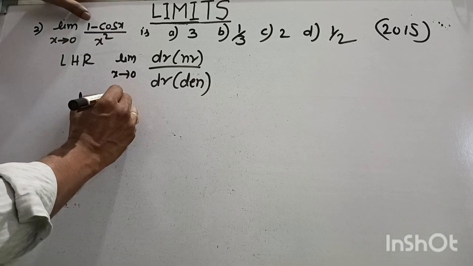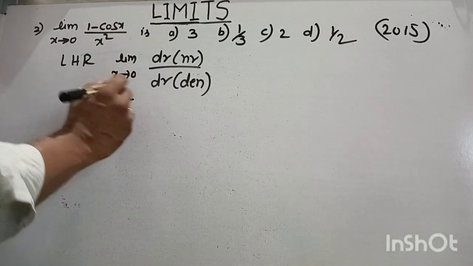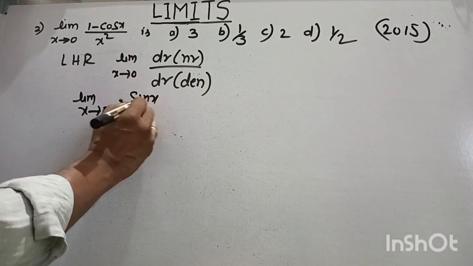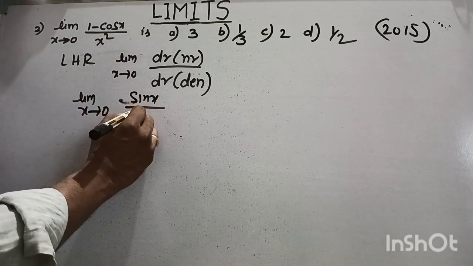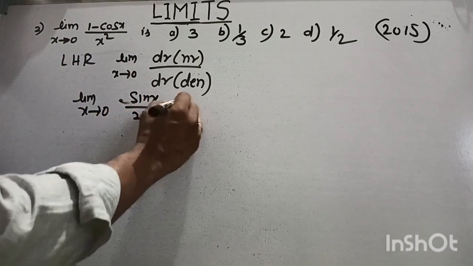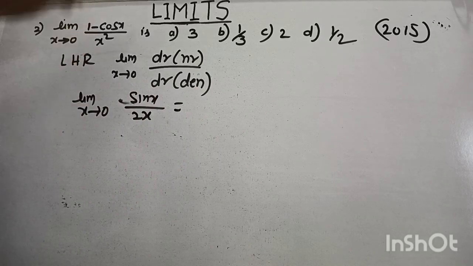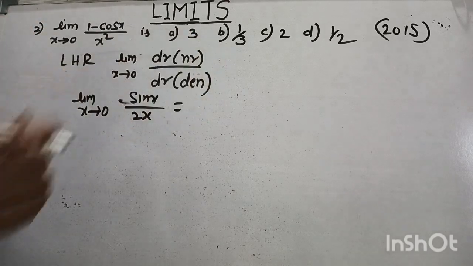Derivative of 1 is 0, minus derivative of cos x, which is minus sin x. So minus into minus is plus, so plus sin x divided by the derivative of the denominator. Derivative of x square is 2x. Here we don't use the quotient rule for the derivative. We have to find separately the derivative of the numerator divided by the derivative of the denominator.